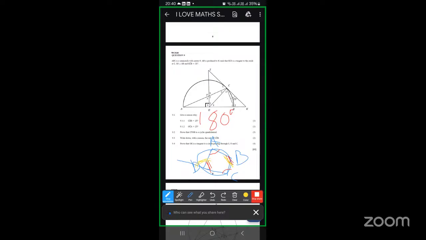If you let that angle be x and play around with your theorems such that at the end you end up having x here, that is the converse of the theorem that says the exterior angle of a cyclic quad is equal to the interior opposite angle of a cyclic quadrilateral. Therefore, ABCD is a cyclic quad.